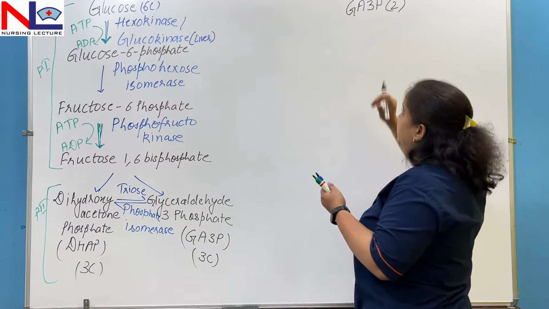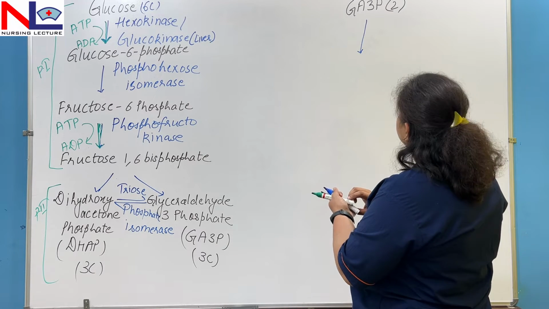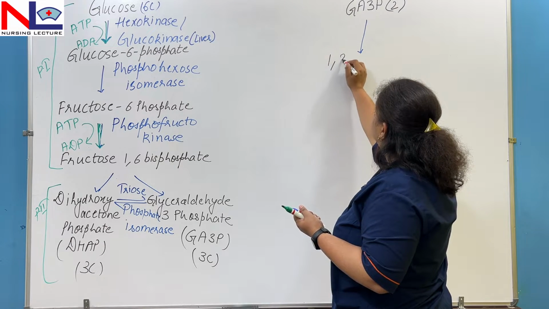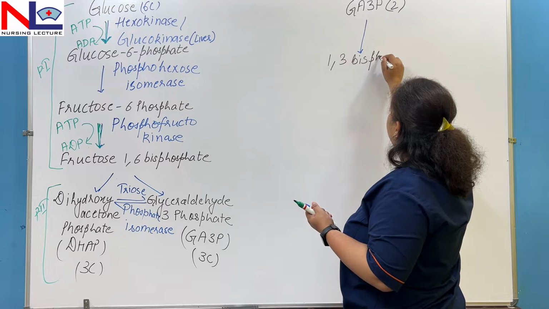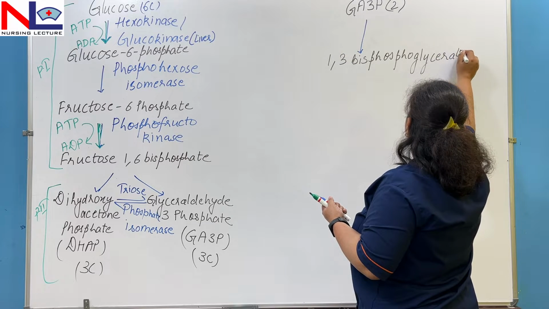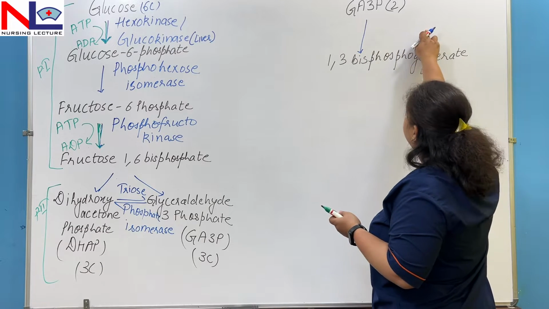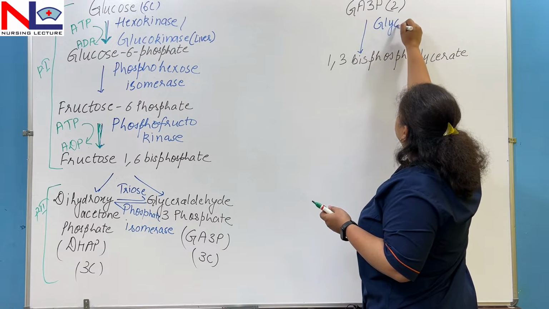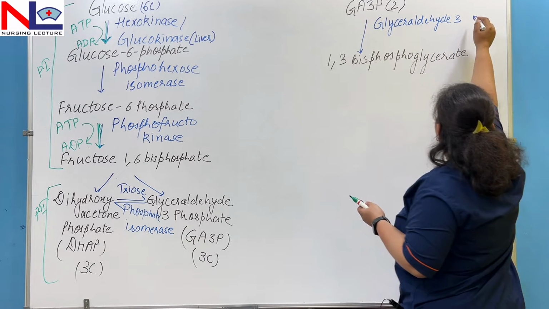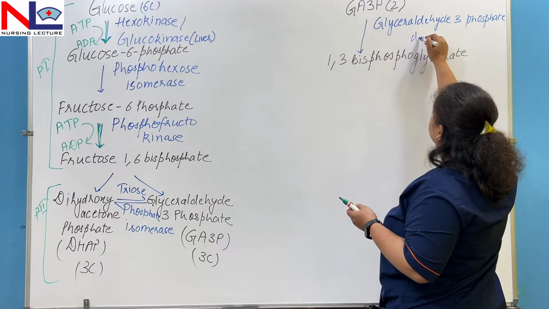Now further this intermediate is catalyzed by the next enzyme, and it converts it into 1,3-bisphosphoglycerate, and the enzyme responsible for catalyzing this reaction is glyceraldehyde 3-phosphate dehydrogenase.